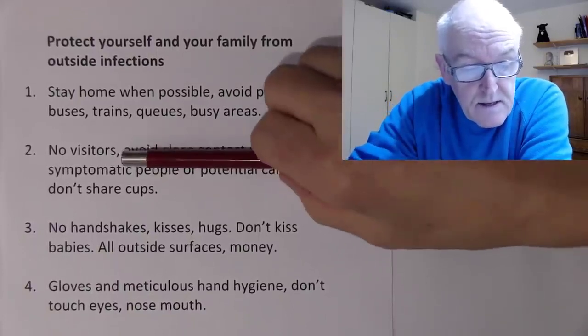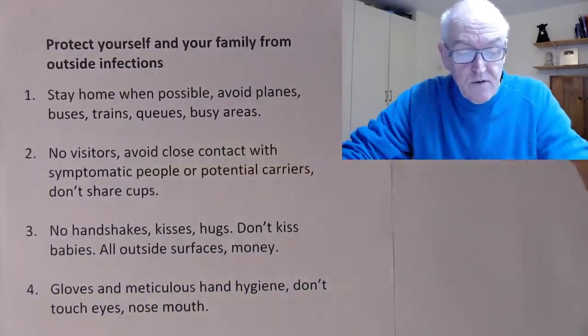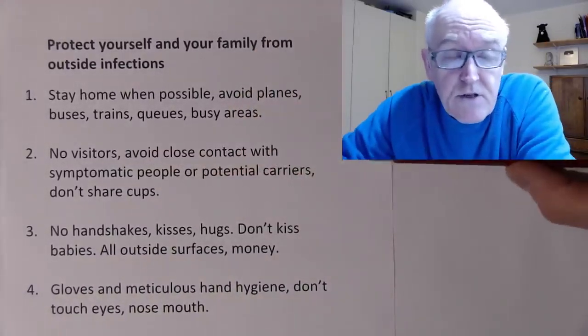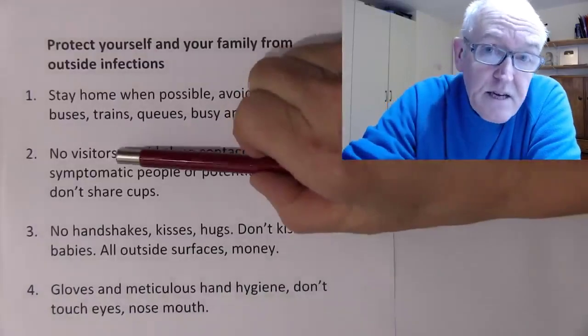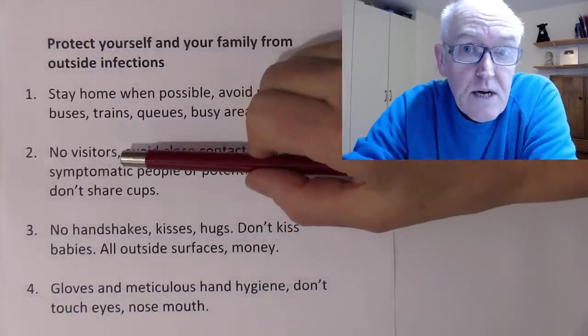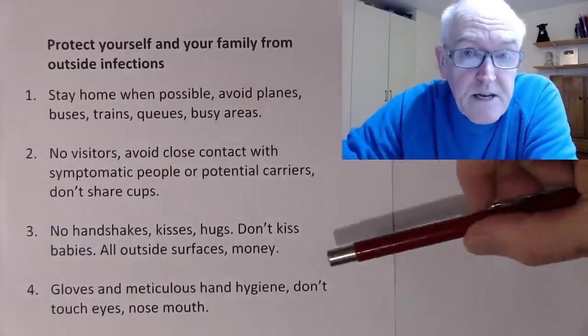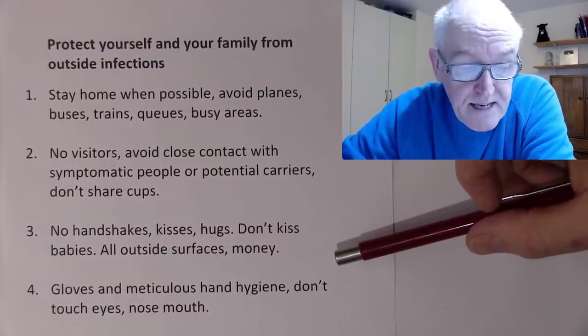So a lot of diseases as well have incubation periods. So your friend might ring you up and say, I'll just come around for a cup of tea, I'm feeling absolutely fine, don't worry about the virus. But they could be incubating it, it's possible. If they've been in a crowded shop the day before, or a couple of days before, they could be incubating the virus, but not yet have symptoms. They could be asymptomatic.